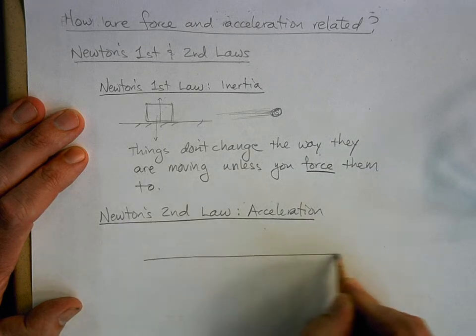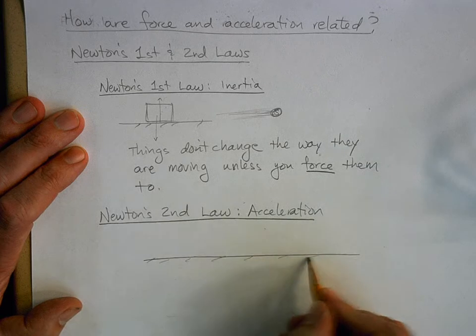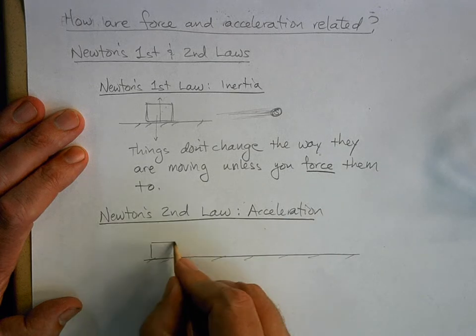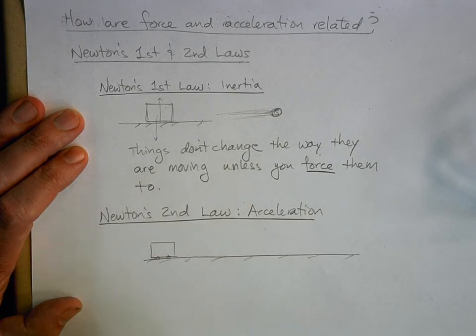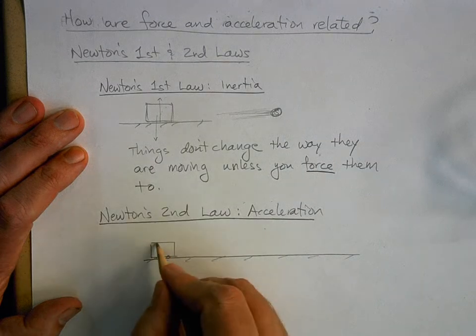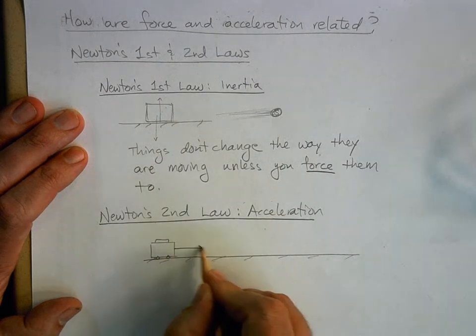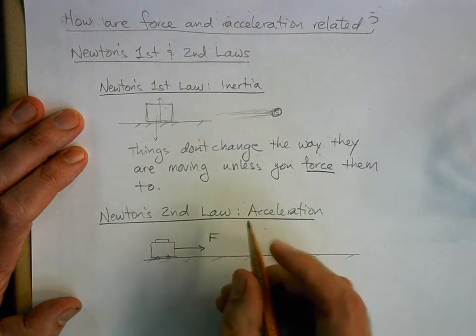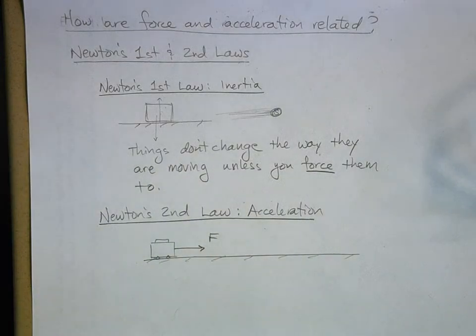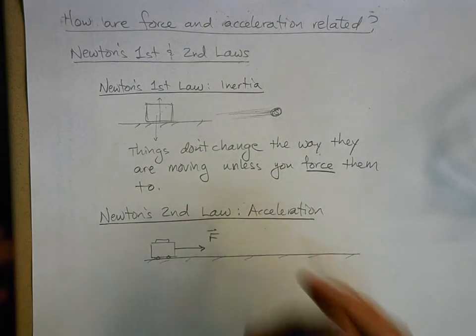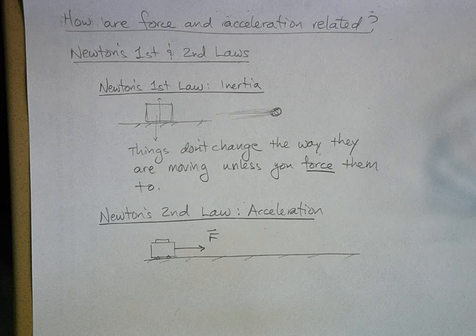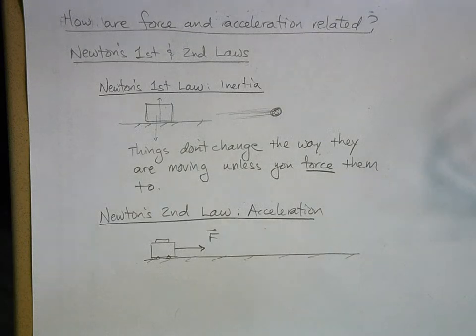Suppose here's a track, a flat surface, and suppose you have a box with some stuff in it, and you pull on it with a certain amount of force. And this force is not being canceled out by anything. There's nothing pulling back on it.